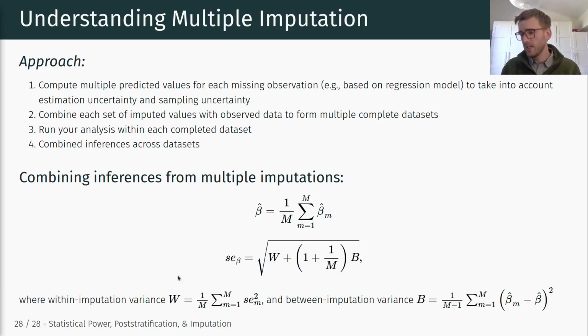If we look at the within imputation variance, we can just compute the average of the standard errors. So this is the standard error in one imputation data set, and we can just compute the average of those standard errors to get the within imputation variance. And the between imputation variance is then basically the variance of point estimates across those imputation iterations. Okay, both combined, according to this formula, then give us an imputation based standard error for our beta coefficient.